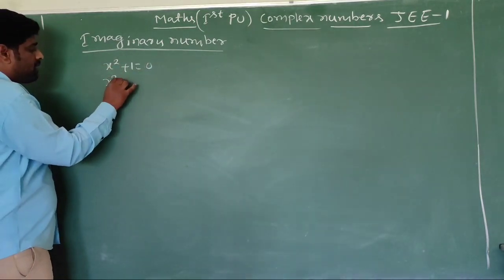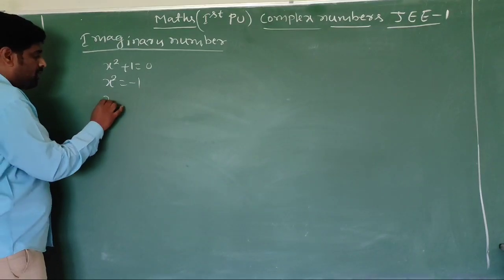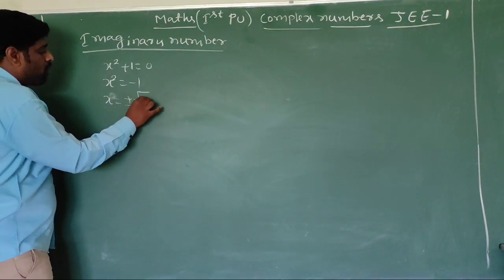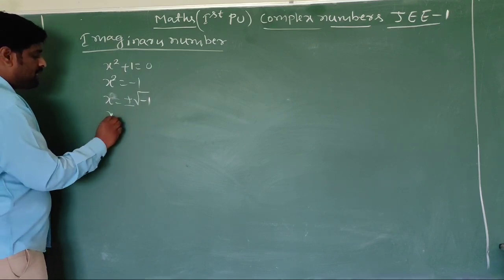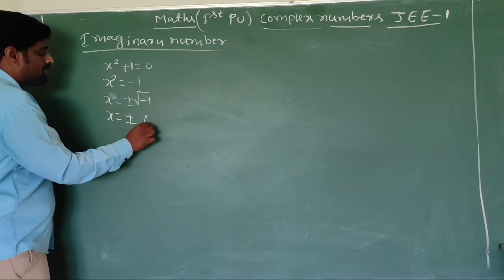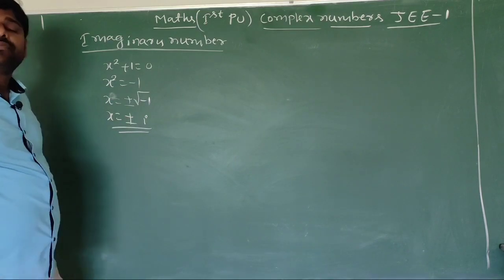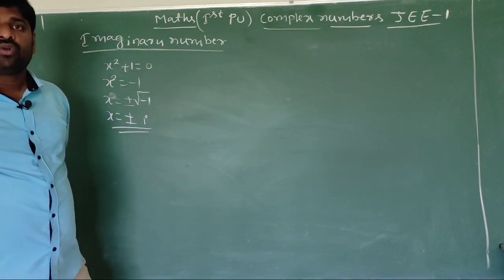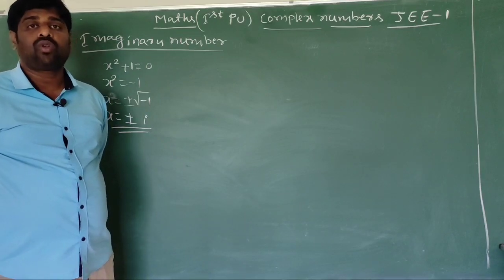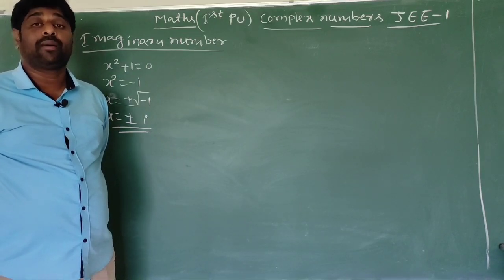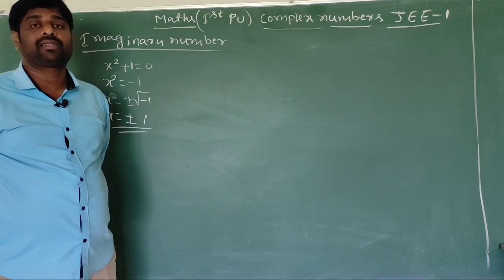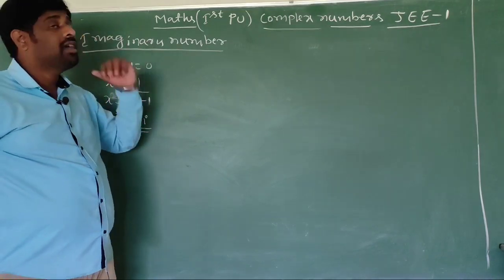Then x square is equal to minus 1, so x is equal to plus or minus square root of minus 1, which is plus or minus i. This is called an imaginary number. Finding the square root of negative numbers is called an imaginary number.